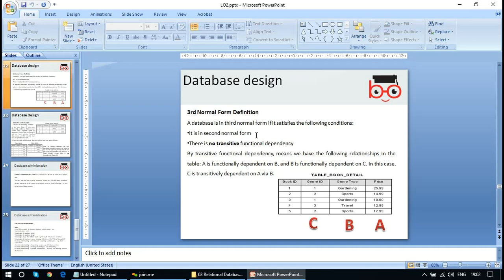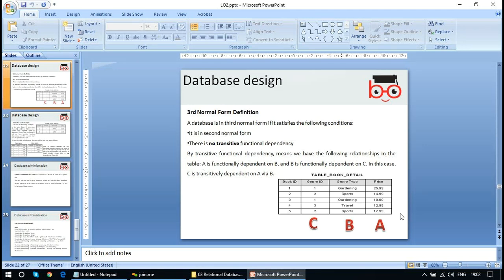It must be in the first normal form and meet the second normal form conditions. So the third normal form says it should be in the second normal form, meaning it did the first and second normal form things as well, and there is no transitive functional dependency. Transitive functional dependency means we have the following relationship in the table.